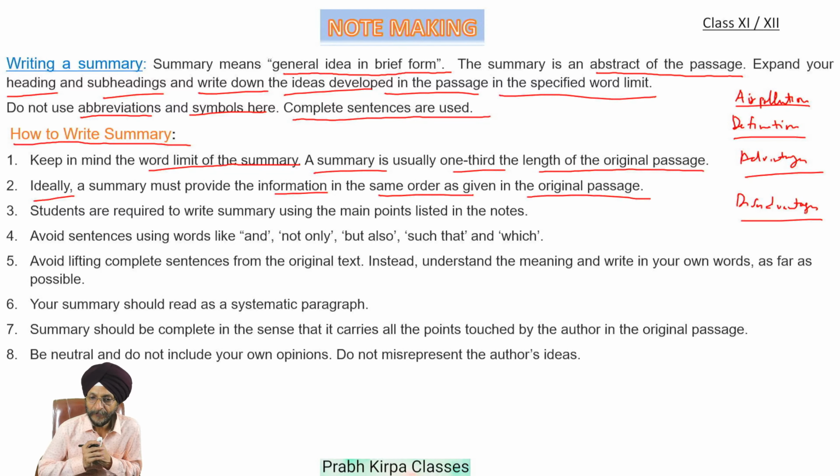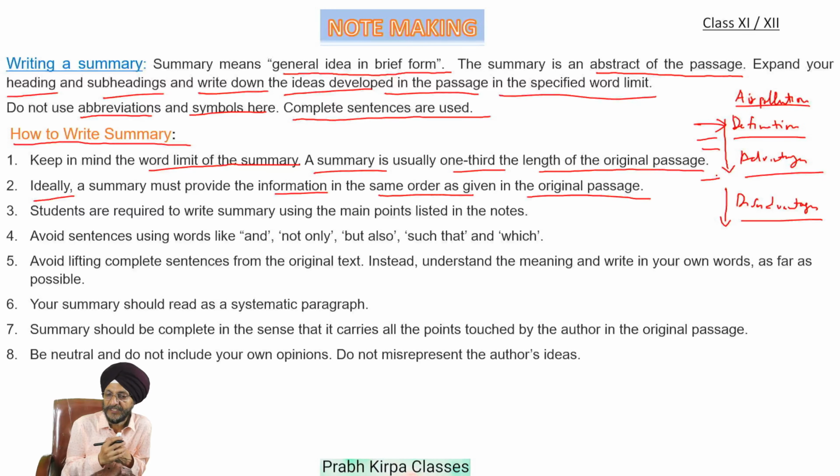While writing summary, we should follow the same pattern: definition, then advantages, and then disadvantages. We are not to write the definition, then one advantage, then one disadvantage, again one advantage and one disadvantage. No, we should follow the pattern as mentioned in the original passage. We are to follow the same logical serial order.